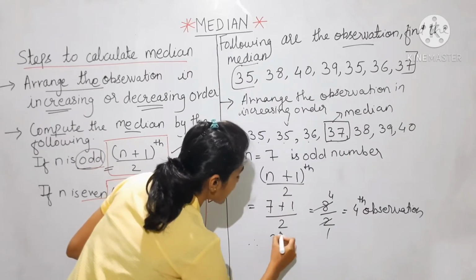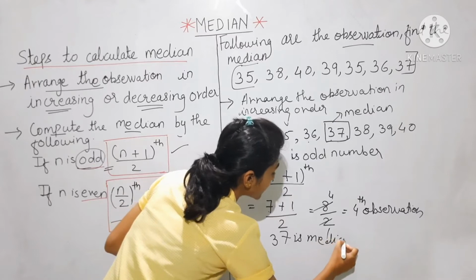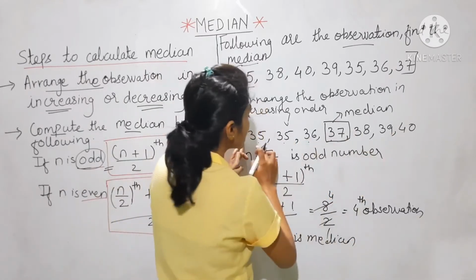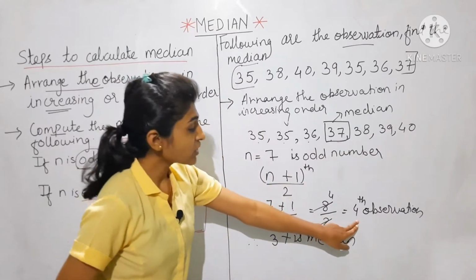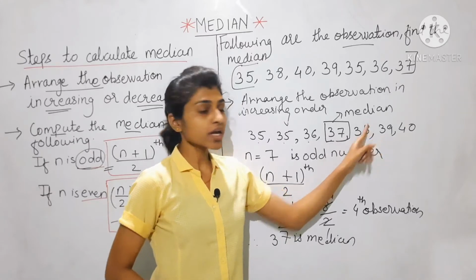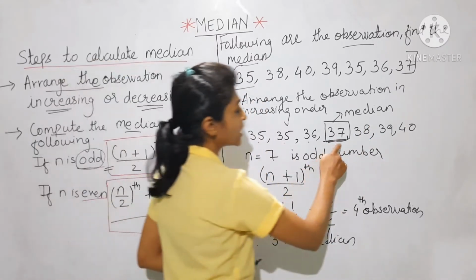Therefore 37 is the median. In this data, the fourth observation is called the median. So 37 is the answer, meaning 37 is the median.